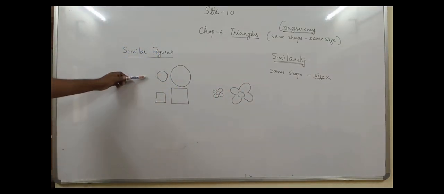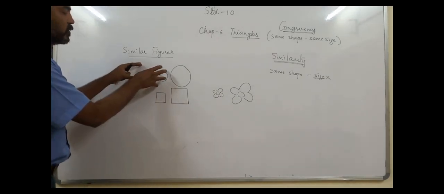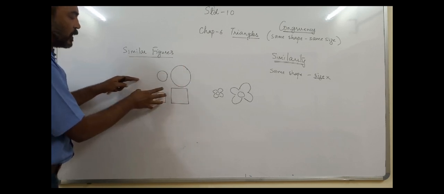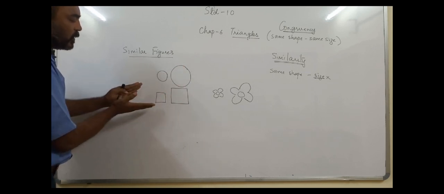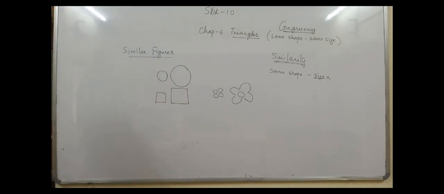So here you can see these two are circles. If I start zooming the circle, then at one point the circle will become as big as this circle. If I make the square bigger, all the sides increase in the same proportion, and then at one point they both will become equal. So this is the idea of similarity of figures. I hope you have understood.